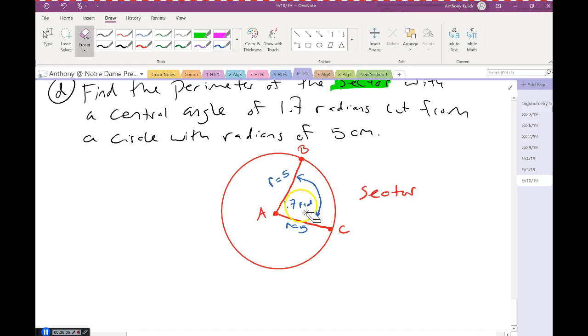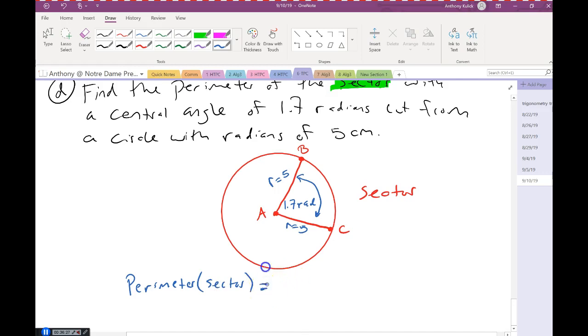Rad, R-E-D, just short for radian. Everybody's okay with that? The question is asking for the perimeter of that sector.